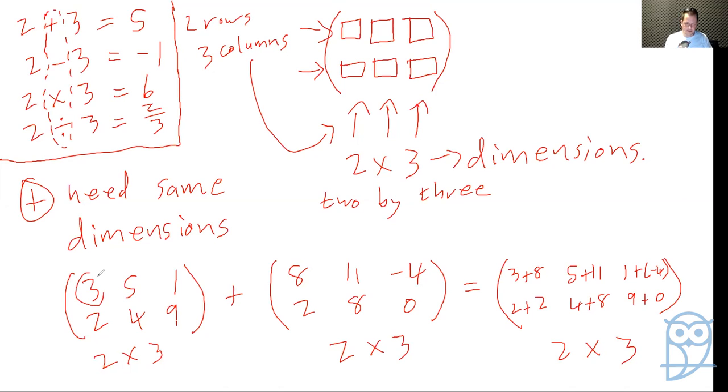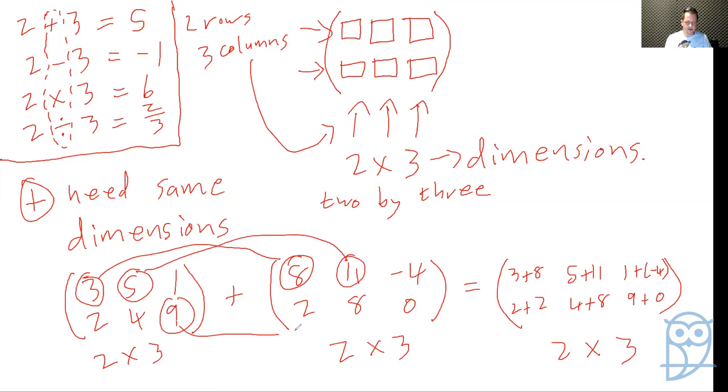So it's literally this plus this, this plus this, etc., this plus this. So you literally add element by element. And then you don't write that as your final answer. You would have to actually write what the actual answer is going to be.